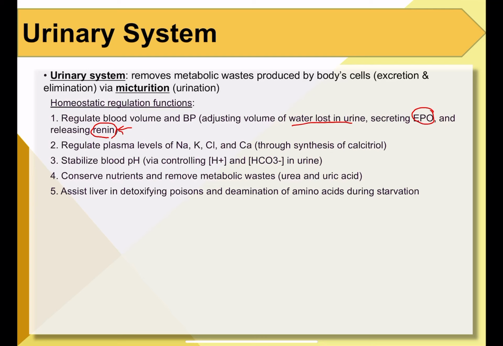All right. And then the other regulation of the urinary system is to help regulate plasma levels of your electrolytes, which are sodium, potassium, chloride, and calcium ions. Remember that for calcium, we talked about two things that have to do with the kidney. For regulation of calcium, if you don't have enough blood calcium, your kidney will make calcitriol, and calcitriol will be released into your bloodstream from your kidney to stimulate your intestine to reabsorb more calcium back into your bloodstream.